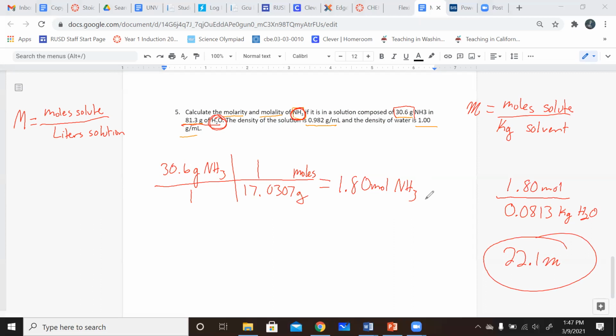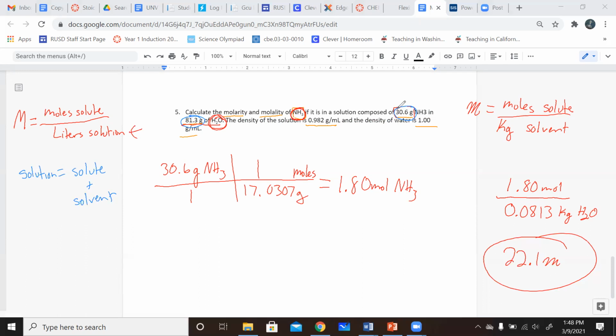Molarity, on the other hand, was slightly more complicated. For molarity, we need liters of solution present, and we're not given that information directly. What we are given, though, is how many grams of NH3 and how many grams of water. So, to figure out solution, because once again, let me remind you, solution equals solute plus solvent.